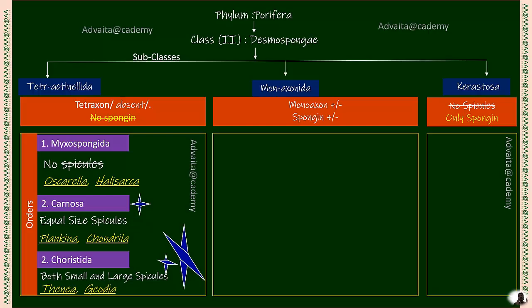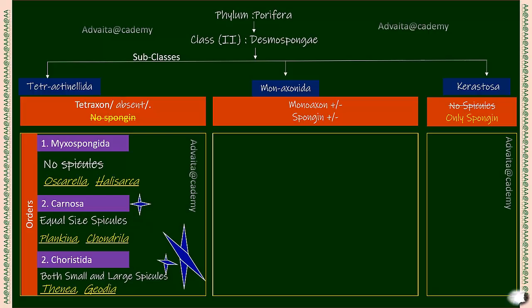In Myxospongida we have Oscarella and Halisarca as examples, and Plakina is very important. It is often asked in the examination. Plakina belongs to order Carnosa, where equal size spicules are present. And in Choristida, Thenea is very important. It is often asked. Both small and large size spicules are present.